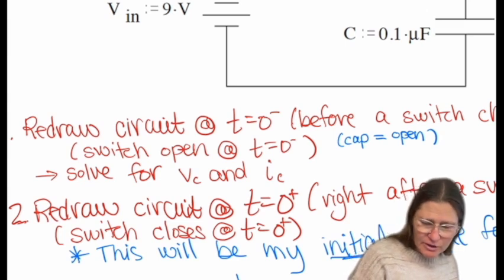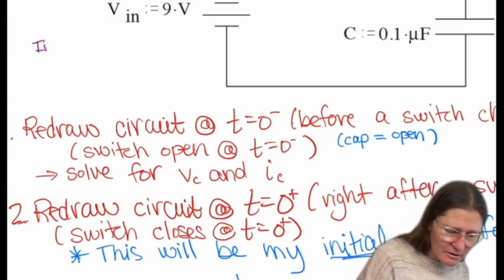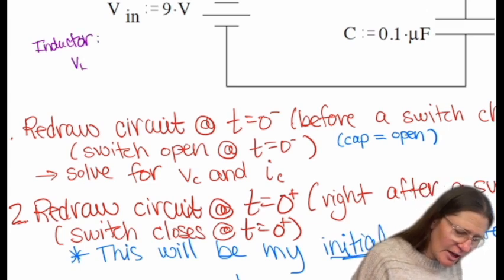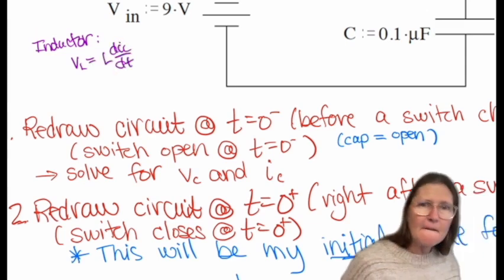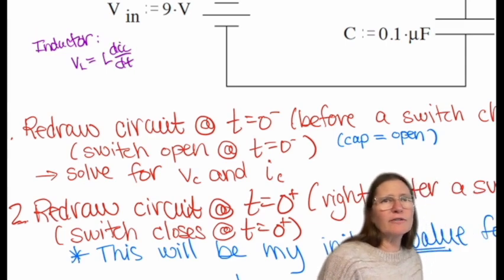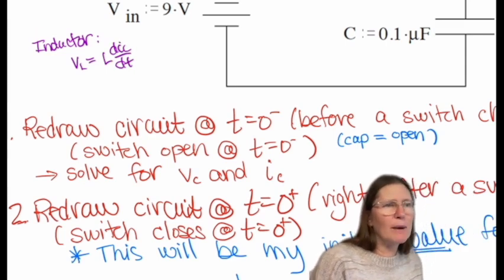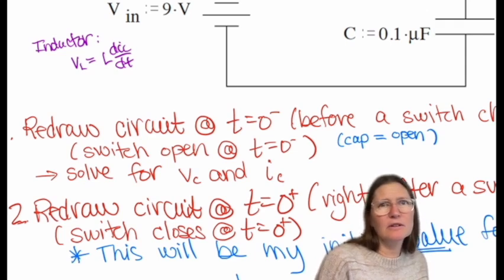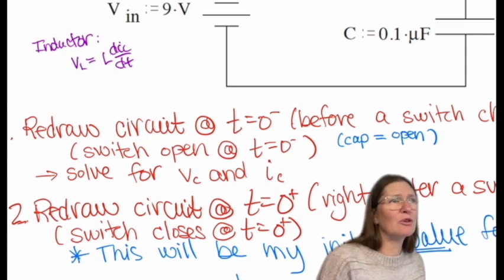For an inductor, your equation is VL equals L dIL dt. Again, if it's sat there for a long time, what happens? Is there a change in current over time if it's sat there for a long time and you have only DC applied to it?